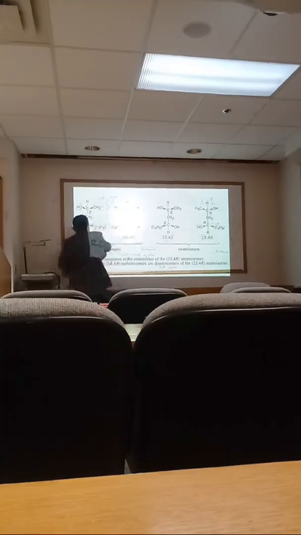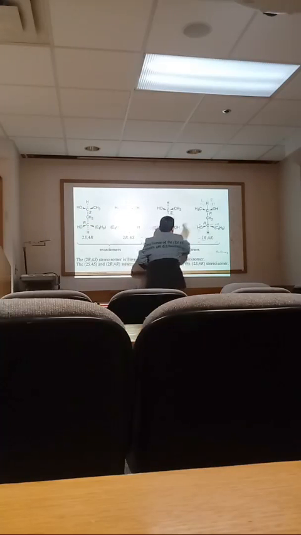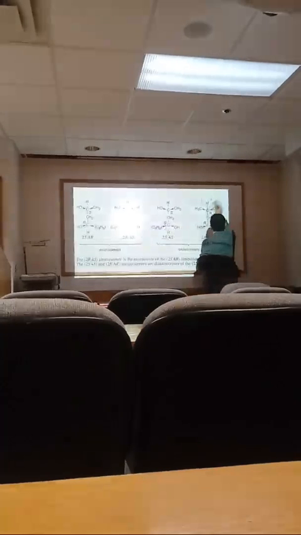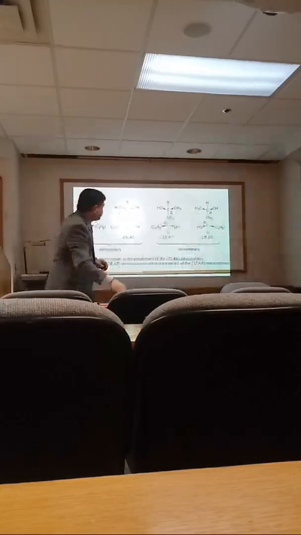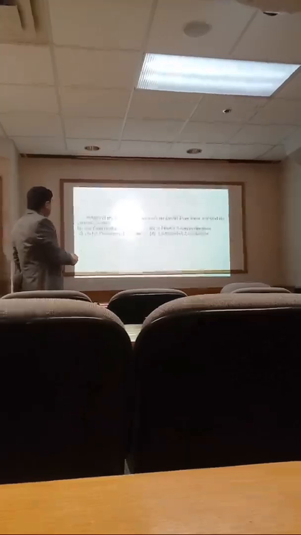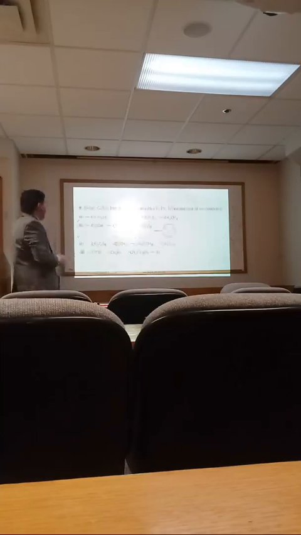Now, moving to question number 3. Assign CIP, which is Cahn, Ingold, Prelog priorities to the following sets of substituents.